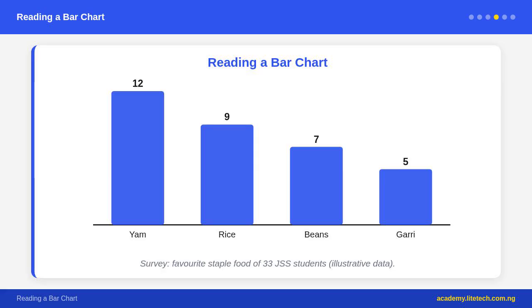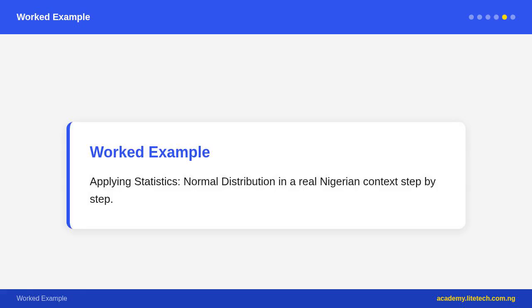P(X ≤ k) ≈ P(Y ≤ k + 0.5). P(X ≥ k) ≈ P(Y ≥ k - 0.5). P(X < k) ≈ P(Y < k - 0.5). P(X > k) ≈ P(Y > k + 0.5).